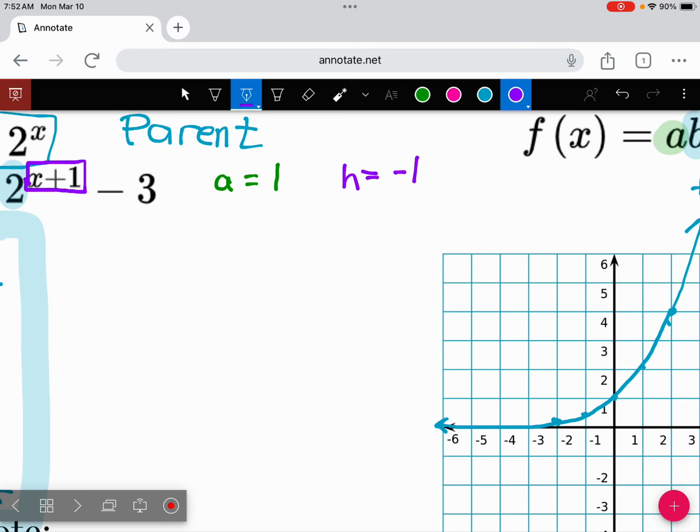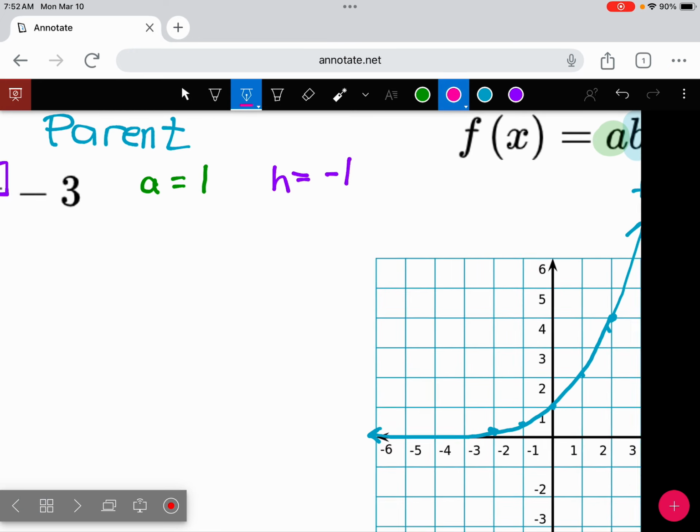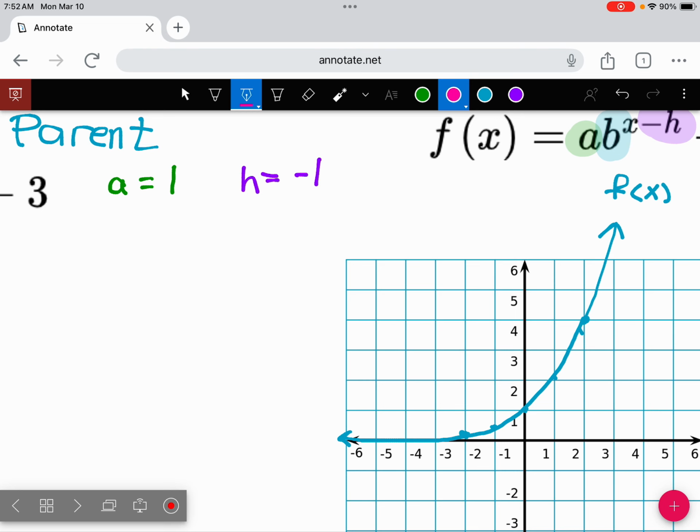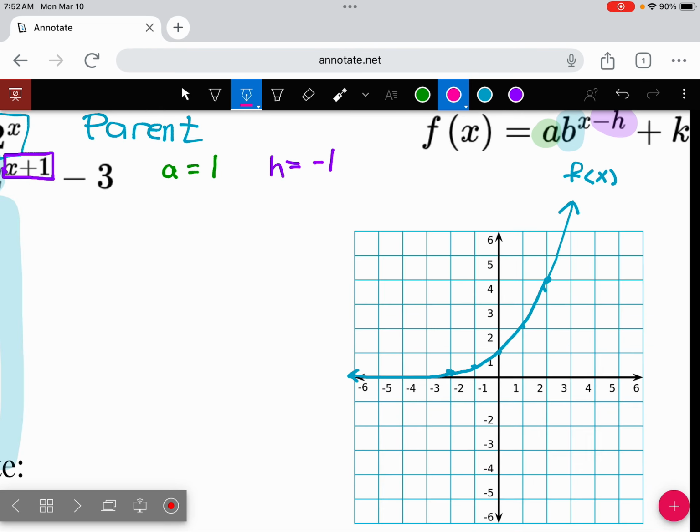It always has that opposite sign. H is the opposite. It always has an opposite sign, whether it's quadratics or anything. How about our k? K is tucked on the end over here. So what's our k?